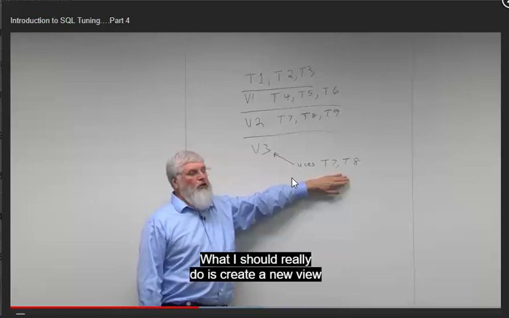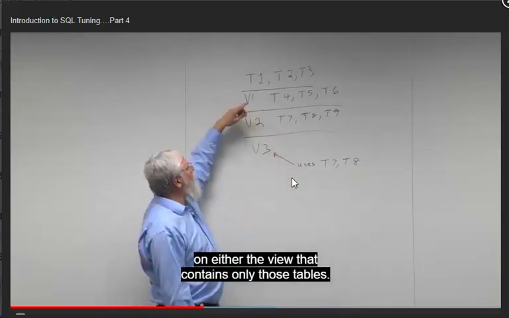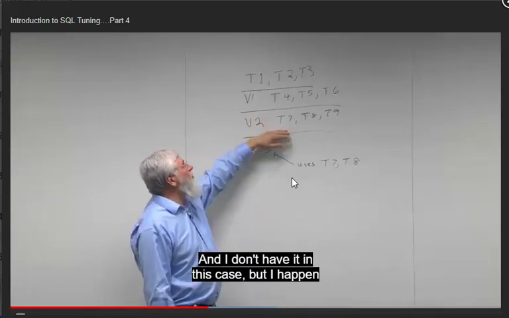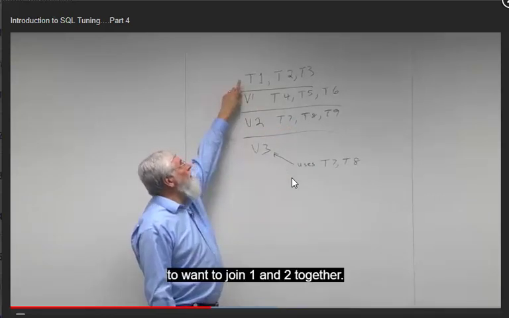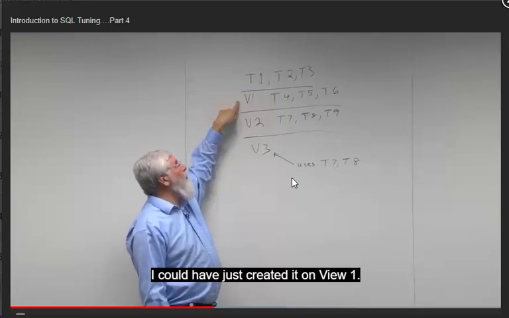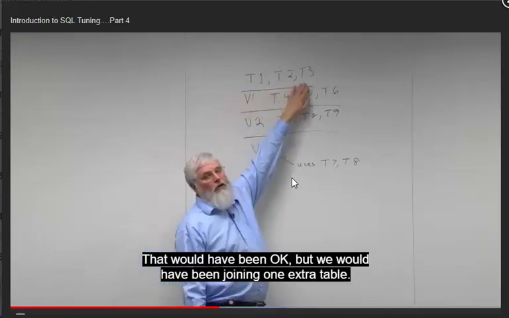What I should really do is create a new view on either the view that contains only those tables, and I don't have it in this case, but I happen to want to join 1 and 2 together. I could have just created it on view 1. That would have been okay, but we would have been joining one extra table.